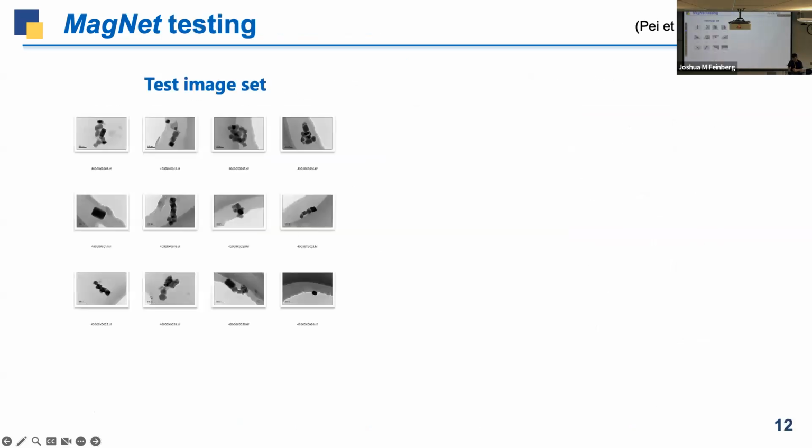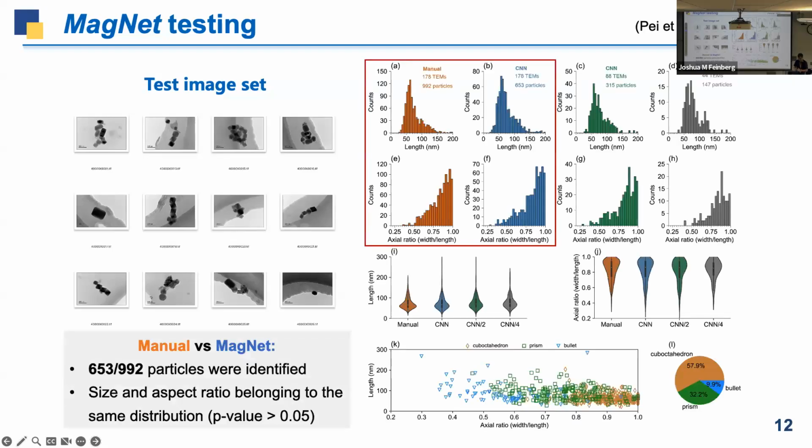And then we use a brand new testing image set. First of all, we count it manually using ImageJ, and then we use MagNet to identify it. We can see over 65% of particles were identified.